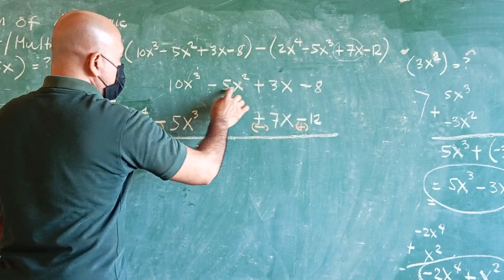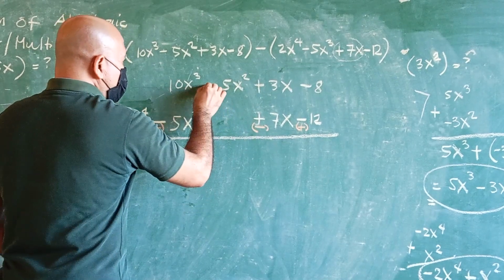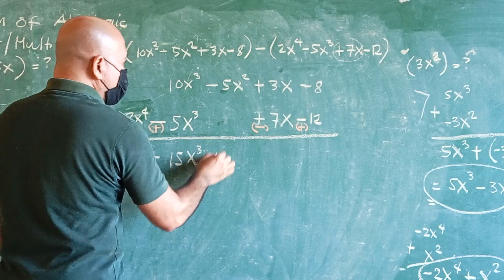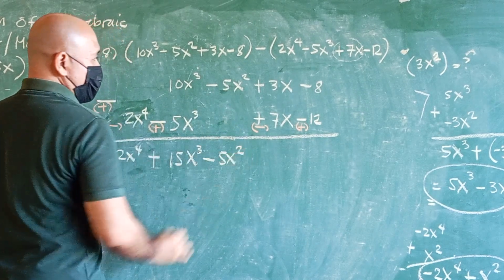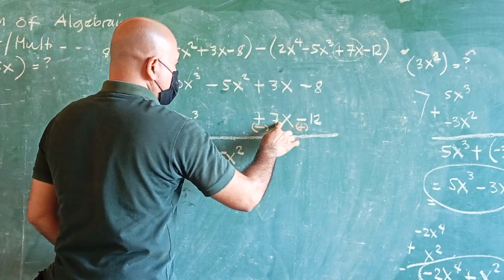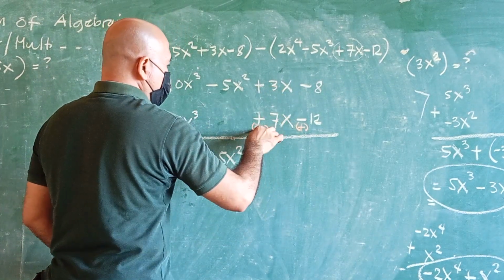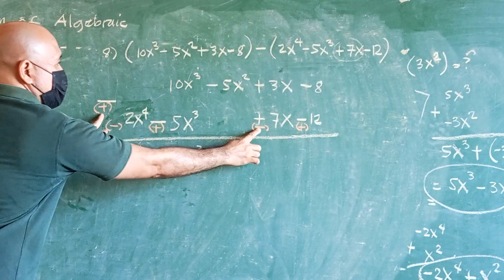And under minus 5x squared, since there is no term here, you just have to bring down this operation here and bring down 5x. Simple as that. And then for 3x and 7x, it is now plus and minus, or positive and negative. The operation here is plus.